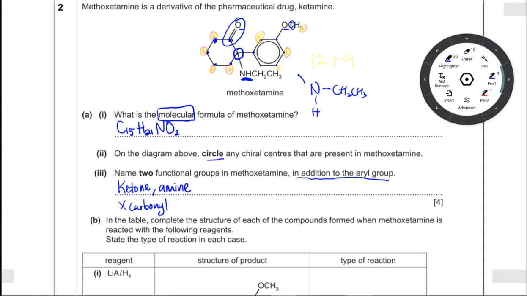So any 2 of the groups should be fine. If you have these 2, you get the full marks. But if you notice there's another functional group here. This is called the ether. So any two of these three will get the 2 marks.